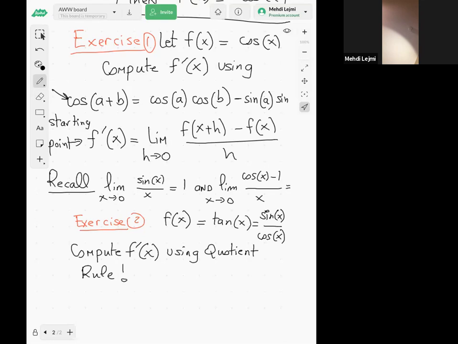Once you know the derivative of sine and cosine, you can compute, for example, the derivative of tangent or cotangent, etc. Anyway, I'm going to give you a couple more minutes, and then I will go over the exercises.